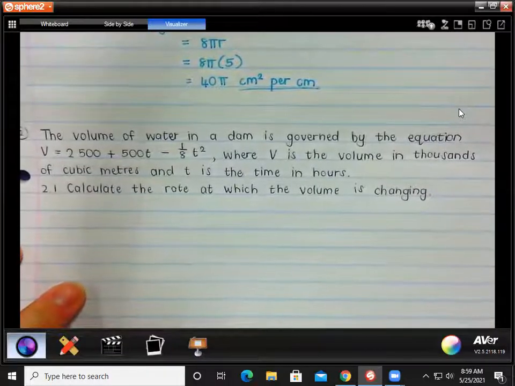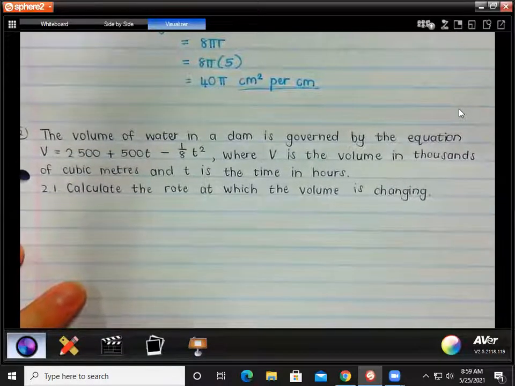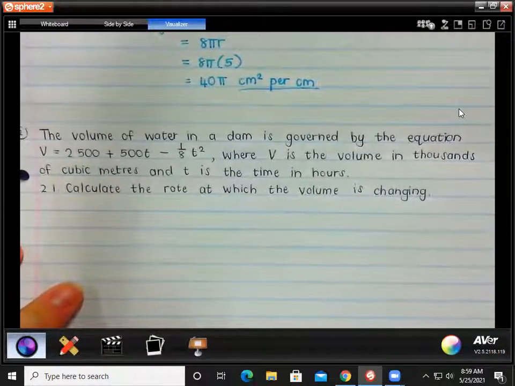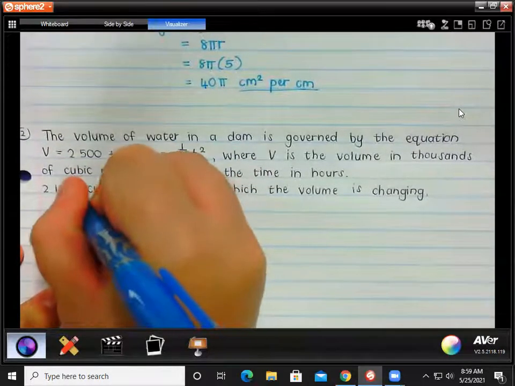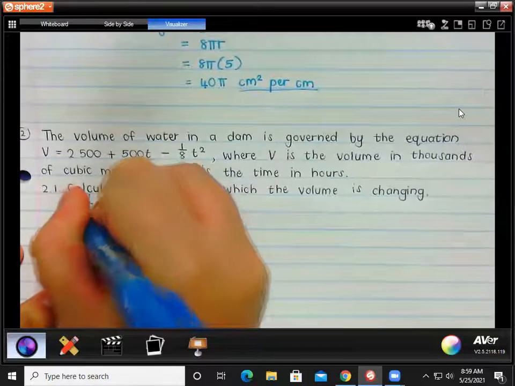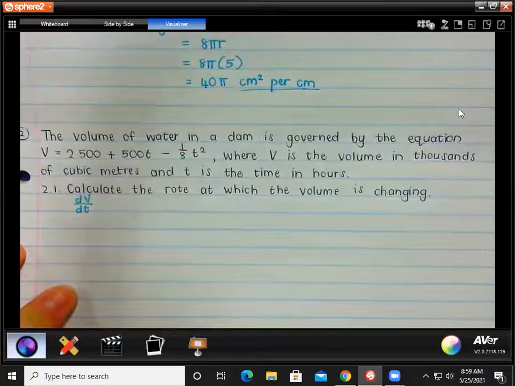Are they telling us at what specific time? Just the general rate. All right, so we're just going to find the derivative, and that is the answer to this one. So we're finding the derivative of V in terms of T, right?